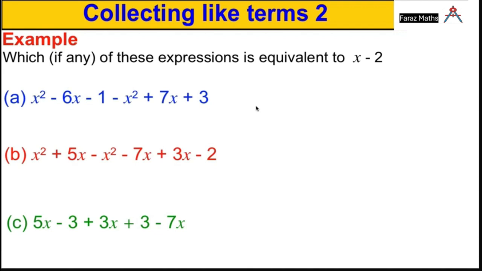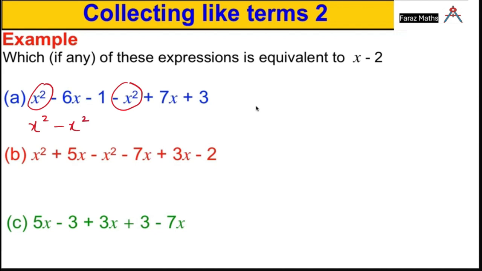which, if any, of these expressions is equivalent to x minus 2. We need to solve all of these three expressions and check which one is equivalent to x minus 2. So if I solve it, x square minus 6x minus 1 minus x square plus 7x plus 3. If I collect the like terms here, x square minus x square, they are like to each other.